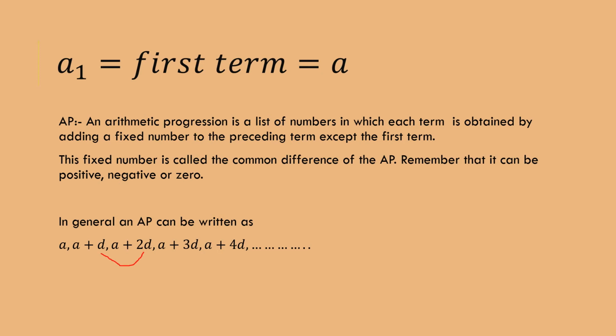The difference between these two is A plus 2D minus A minus D. So A cancels, and 2D minus D will give you the answer D. Remember this sequence, that is A plus D, A plus 2D and so on.